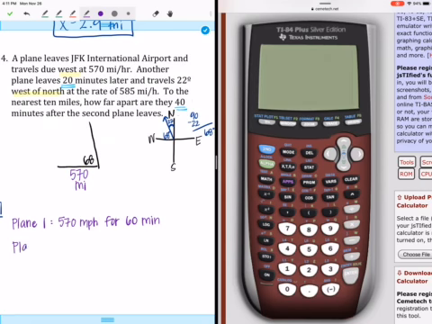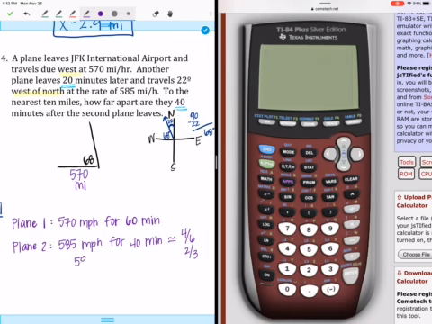Now, plane 2 travels at a rate of 585 miles per hour, but it only travels for 40 minutes, which is only a portion of a full hour. Specifically, it'd be 4 out of 6, or you could think about that as 2/3.